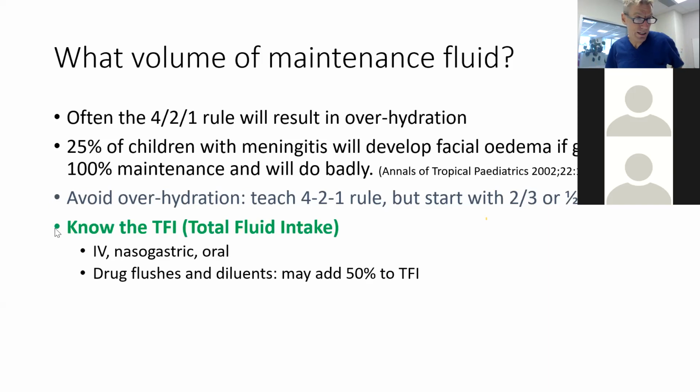You should try to understand the total fluid intake a child receives. And that's where the 150-20 rule can be useful, because when you add up the amount of intravenous fluid, nasogastric fluid, and oral fluid a child may be receiving, then that typically can come to the full maintenance fluid, the 150-20 rule.